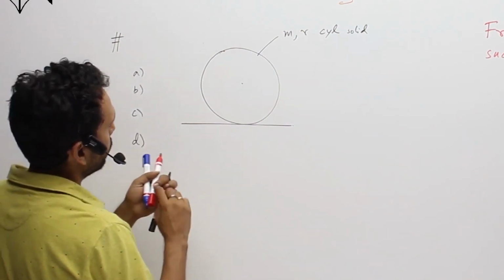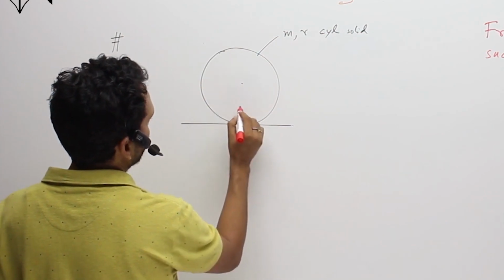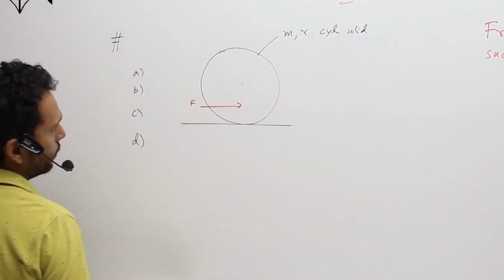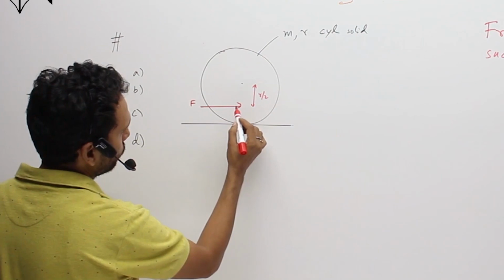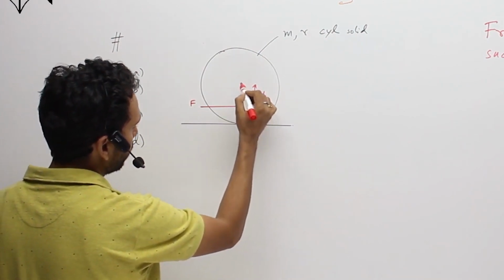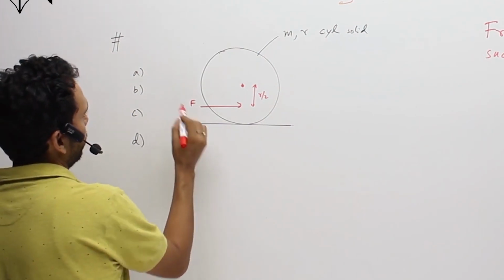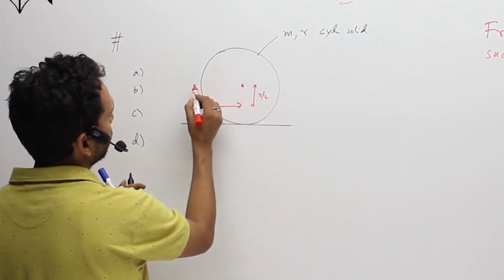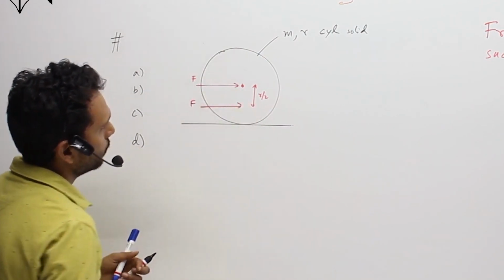Do all these cases. Case A is a force F acting at r by 2 below the center point. That's your case A. Case B is force acting at the center.